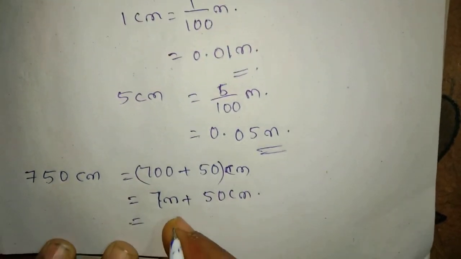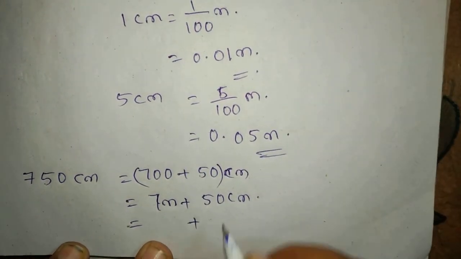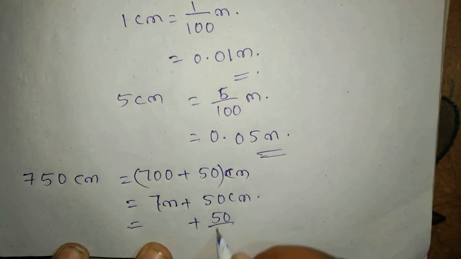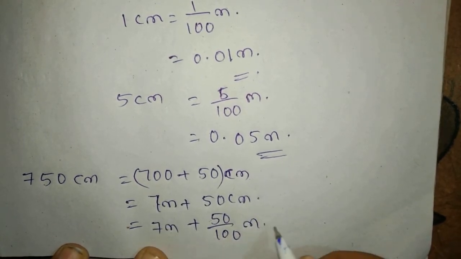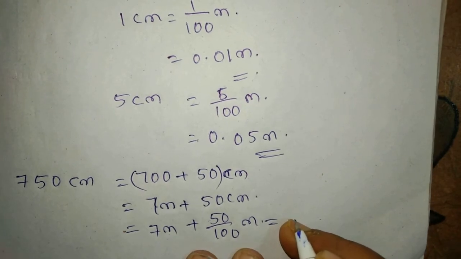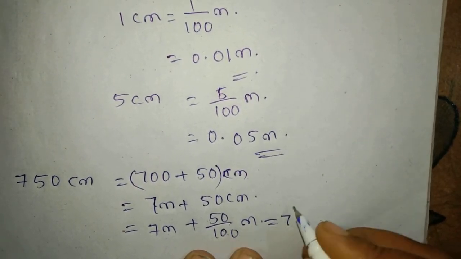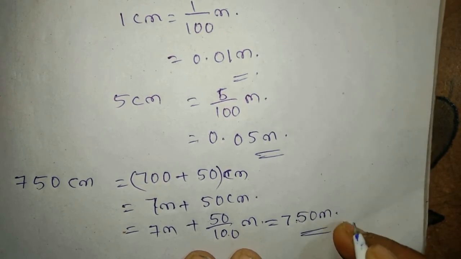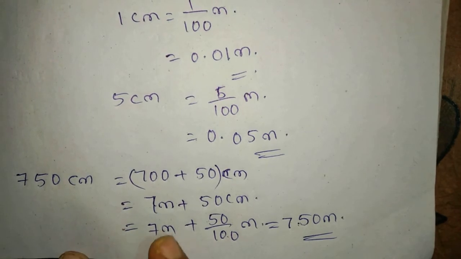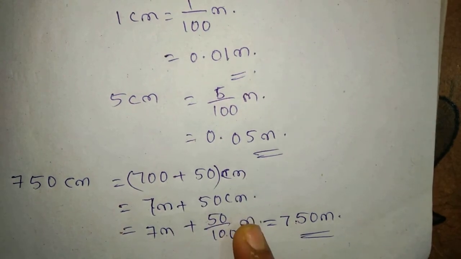This can be written as 700 centimeters, which means 7 meters, plus 50 centimeters, which means 50 by 100 meters. So this can be written as 7.50 meters.